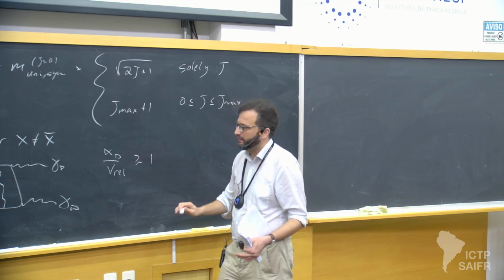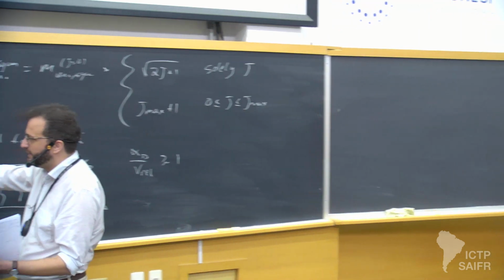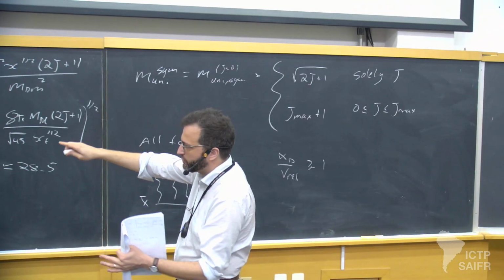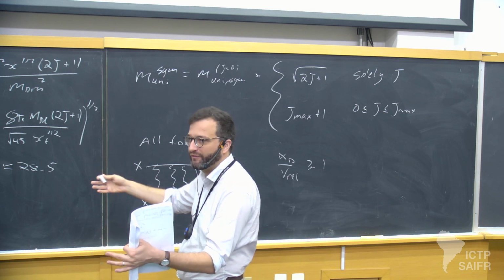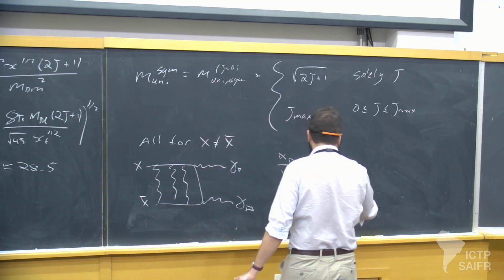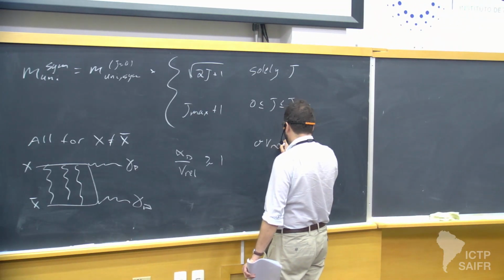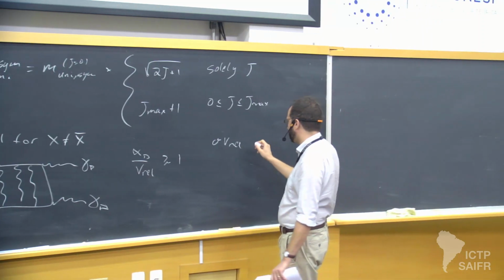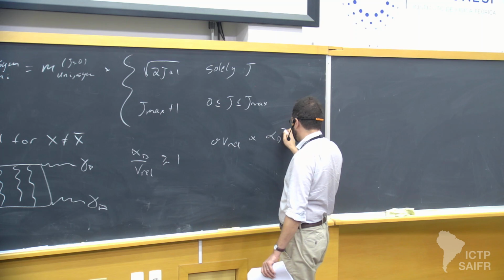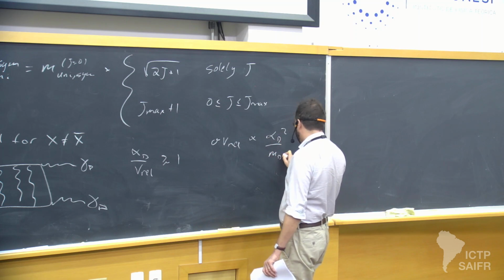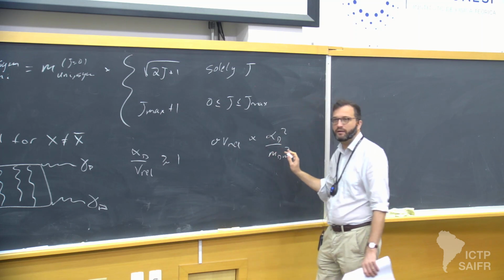Okay. The question we're interested in is, if you want to go to large dark matter masses, then you want to keep the cross-section roughly constant, yeah? Without the Sommerfeld enhancement, the cross-section goes as alpha dark squared over m dark matter squared, yeah?